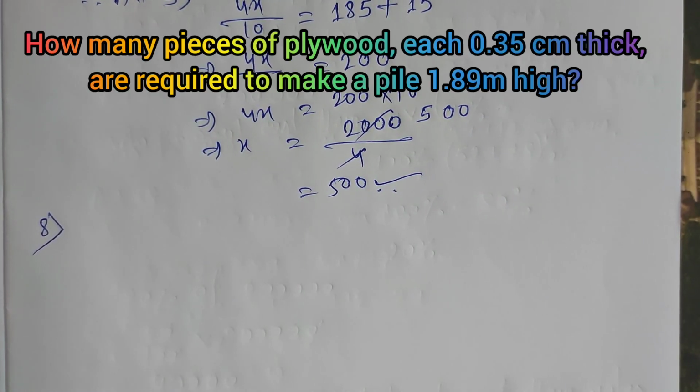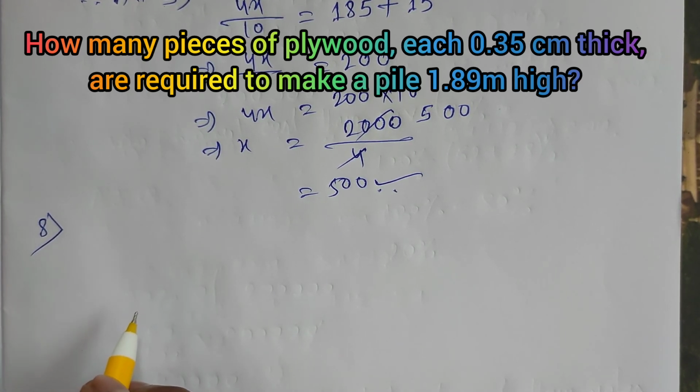Now question number 8. How many pieces of plywood, each 0.35 cm thick, are required to make a pile 1.89 meter high? So what is the thickness of the plywood?